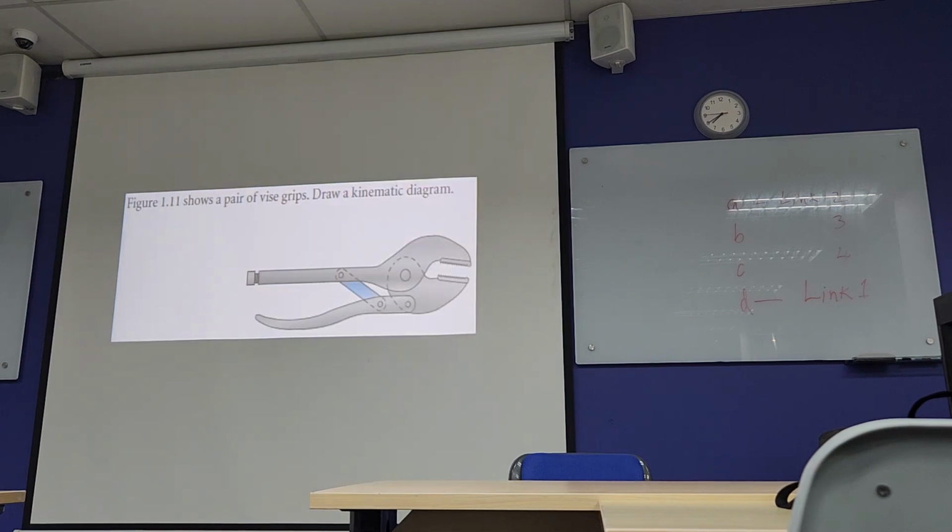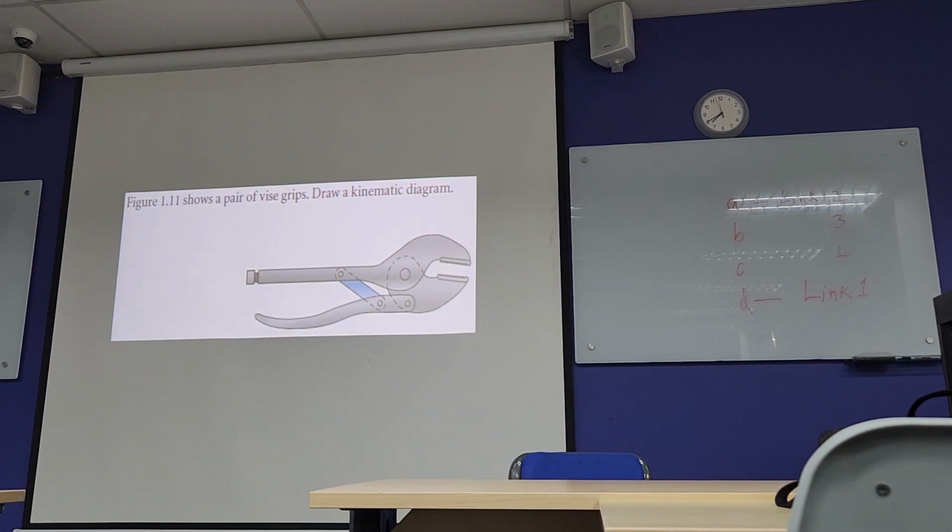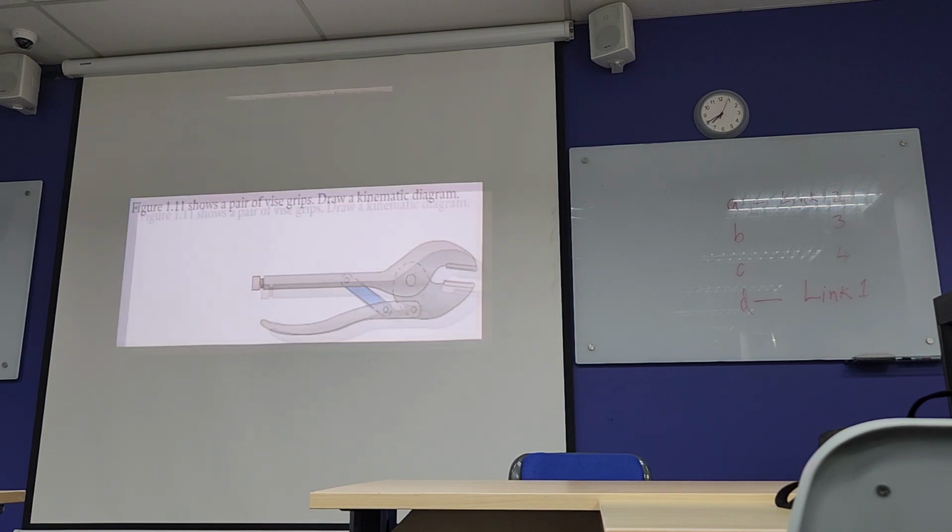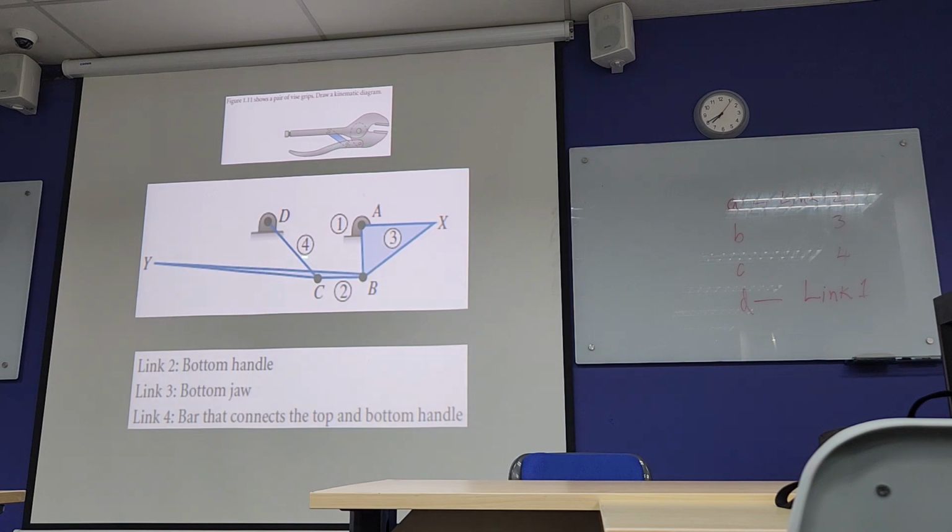Alright, I just skipped. Now this is a pair of wire grips. So draw a kinematic diagram of this. Okay, I can just show you. So this will be link 4.